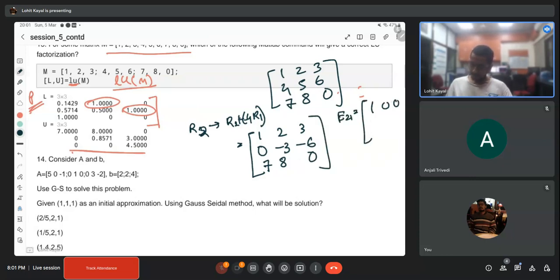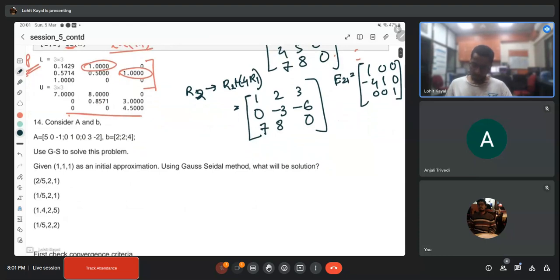What is your E21? 1, 0, 0, minus 4, 1, 0, and 0, 0, 1, because I am multiplying R1 by minus 4 and then subtracting from R2. The rest remains the same. Next step will be R3 minus 7R1.